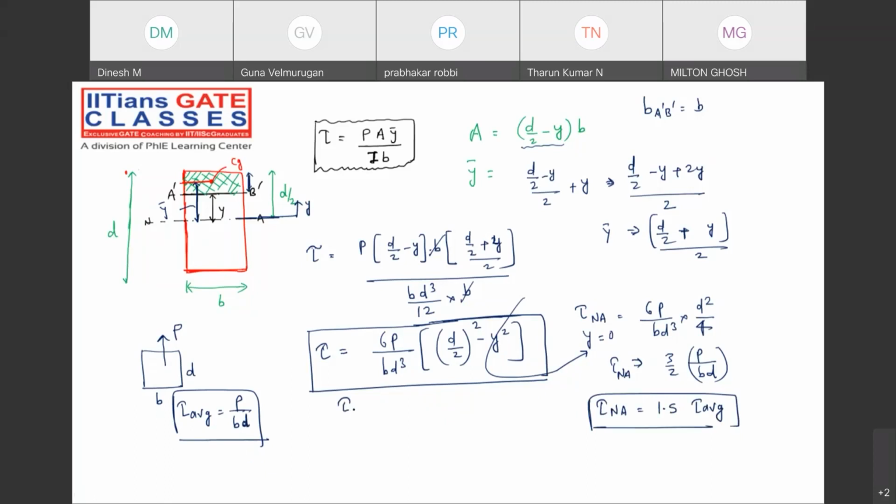Calculate tau at the top fiber. That means at a distance y equal to d by 2, tau will be 0. Bottom fiber also 0. That means at the neutral axis we are getting tau maximum. Very, very important, guys. Note down.